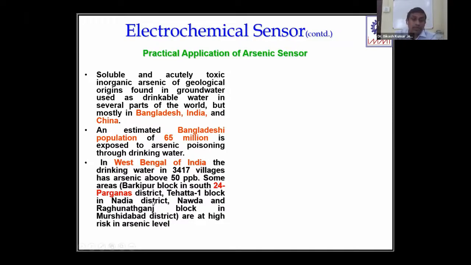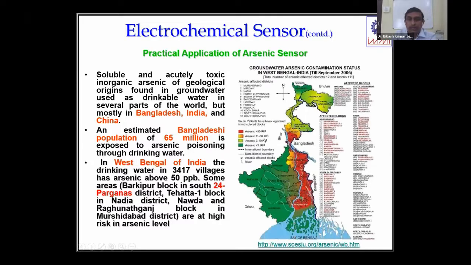So we collected some water from the 24th Parganas district, and some villages like Nadia district, where I collected some samples from the Bharat block. You can see the map showing the red regions where the arsenic concentration is more than 50 ppb.